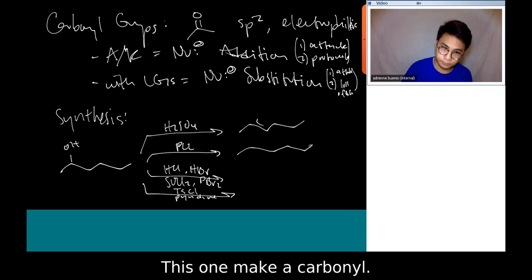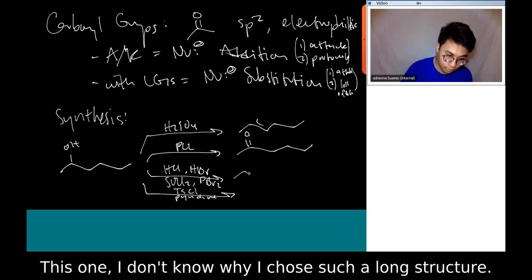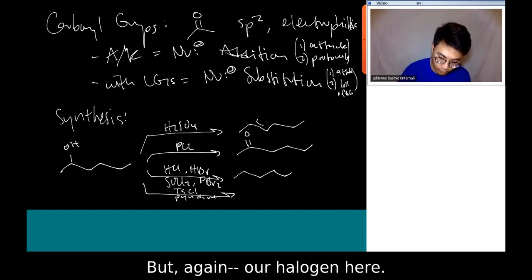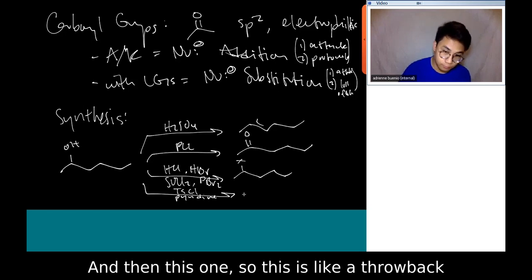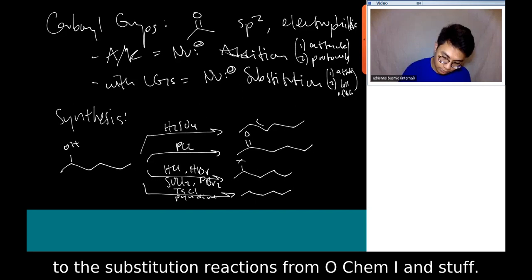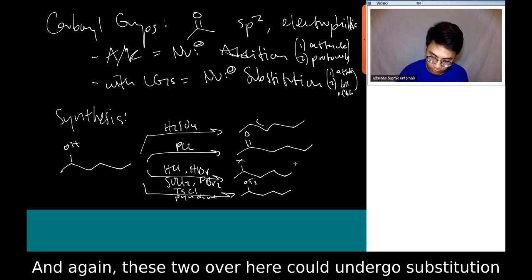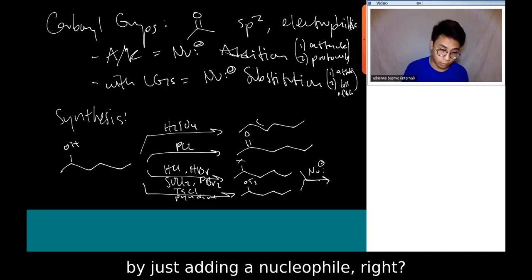This one, make a carbonyl. This one, I don't know why I chose such a long structure, but again, our halogen here, and then this one, right? So this is like a throwback to the substitution reactions from Orgo 1. And again, these two over here could undergo substitution by just adding a nucleophile, right?